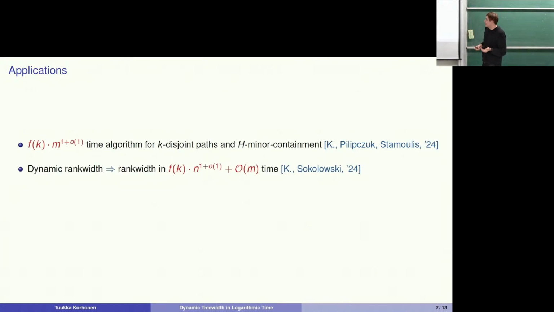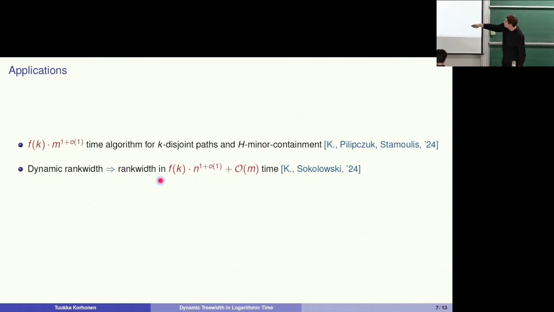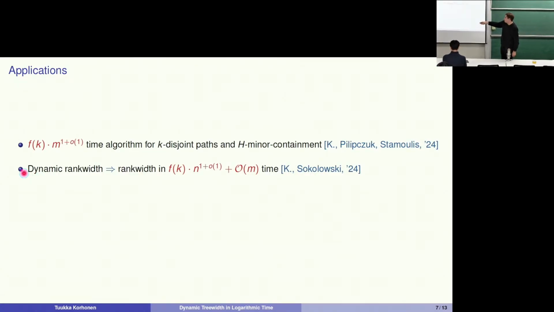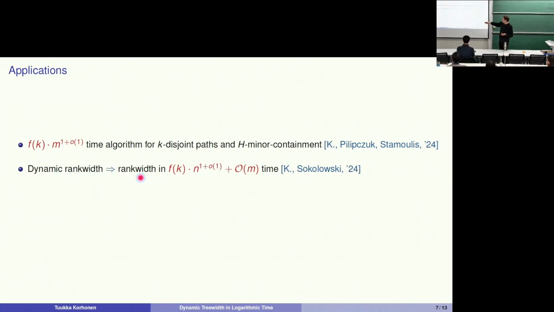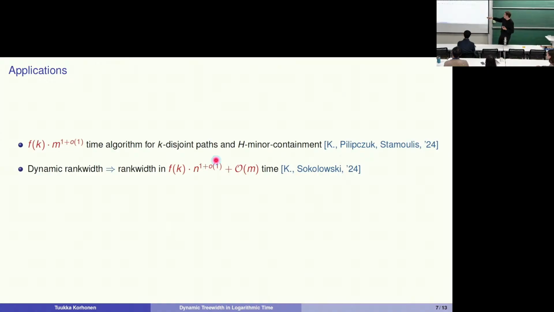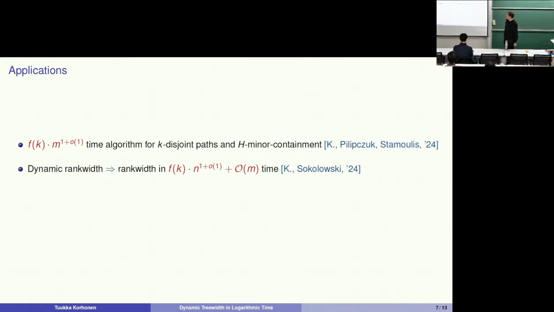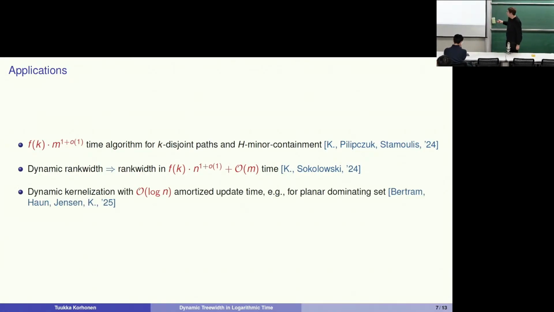And another thing was dynamic rank width. This previous dynamic data structure we generalized to dynamic rank width, which we then used also to get an almost linear time algorithm for computing rank width. And this is linear in the size of the graph, not just the size of the matrix.